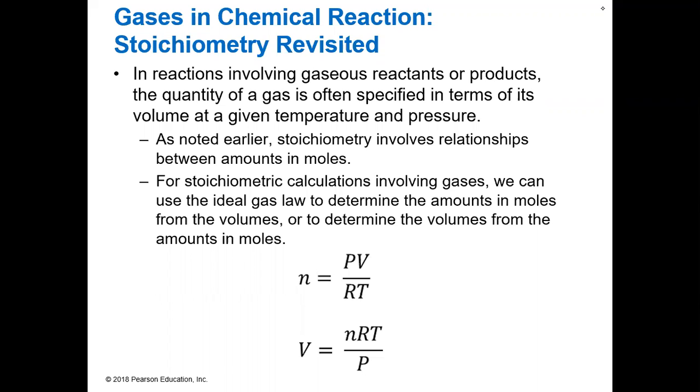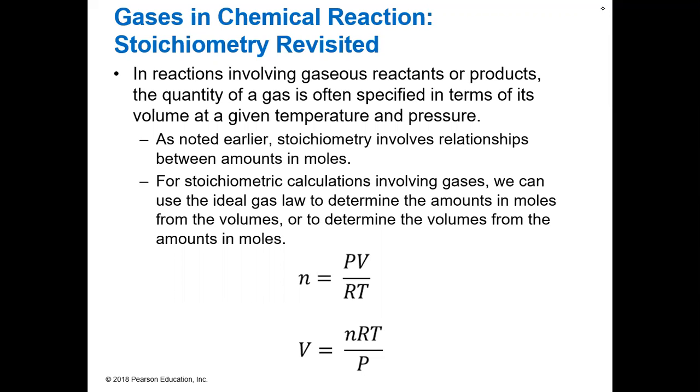So we can apply what we've learned in this chapter and what we learned in Chem 1 to gaseous reactions. And we can figure out, if we react gases, how much of another gas it will produce, and vice versa.